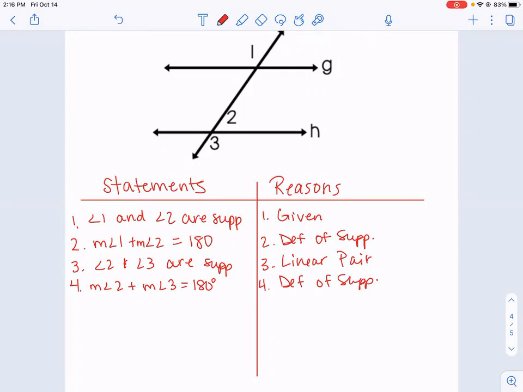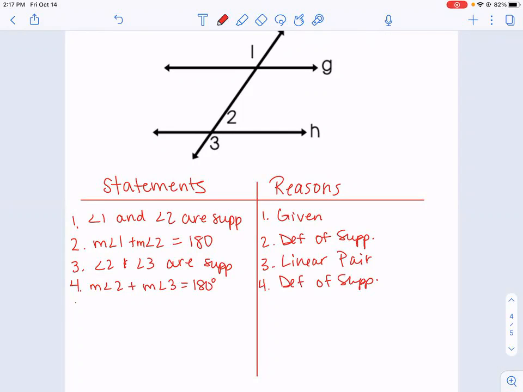Just hold on. 2 and 3 are supplementary because they form a linear pair, which means the measure of angle 2 plus the measure of angle 3 equals 180 because of the definition of supplementary. Now, you all want to use the alternate exterior angle theorem, converse. And I think that's great, but we need to have that angle 1 and 3 are congruent. You all can see that they're going to be, but we need to get there step by step. What's our next step, Carson? Not yet.